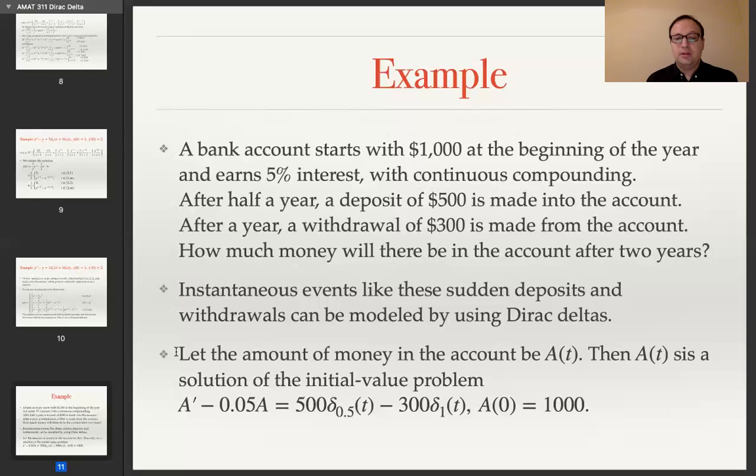Okay, so let the amount of money in the account be A of t.